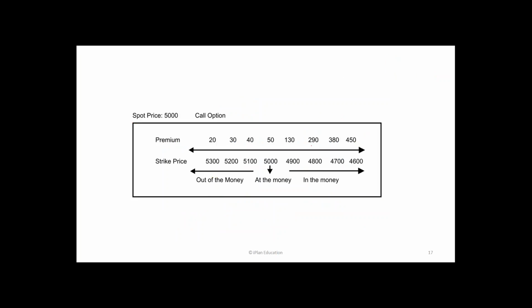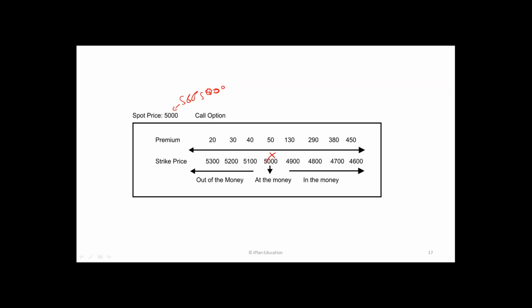Now, we have discussed the in the money, out of the money concept. We are going to repeat it. Let's suppose the spot price of an index, let's say S&P 500, is 5,000. If you are buying a call option at 5,000, that means the strike price is 5,000.